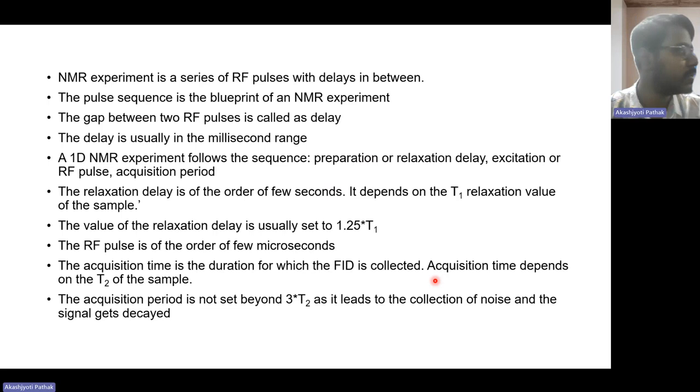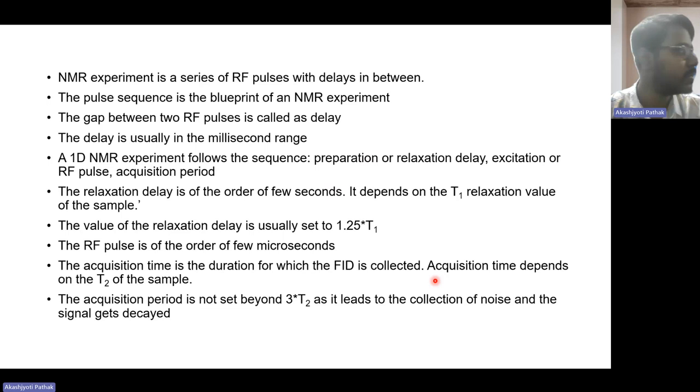The acquisition period is usually set to 3 times the T2 value. Beyond three times the T2 relaxation value, you will not get any signal. The signal keeps decreasing, and beyond 3 T2 you will only collect noise.